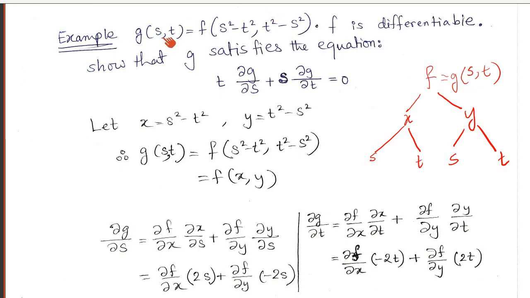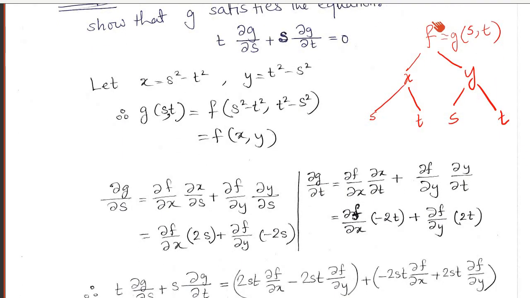Since both of them are presented in terms of s and t, we are changing a segment. Let's change the f. Let's say f is represented in terms of x, y. So assuming x is equal to s square minus t square, y is equal to t square minus s square. Now if we create a tree diagram, which one does the tree of f start from? f is in terms of x, y, x itself in terms of s, t, y also in terms of s, t.